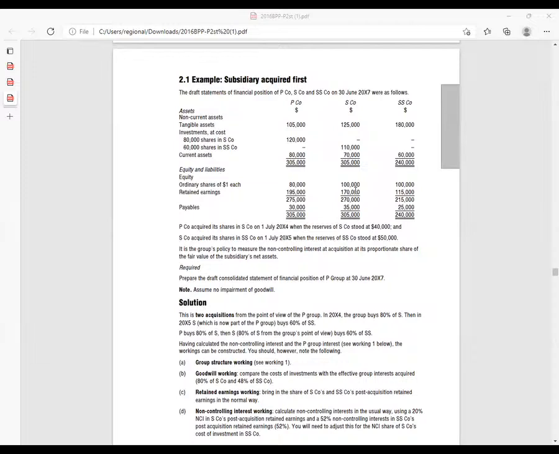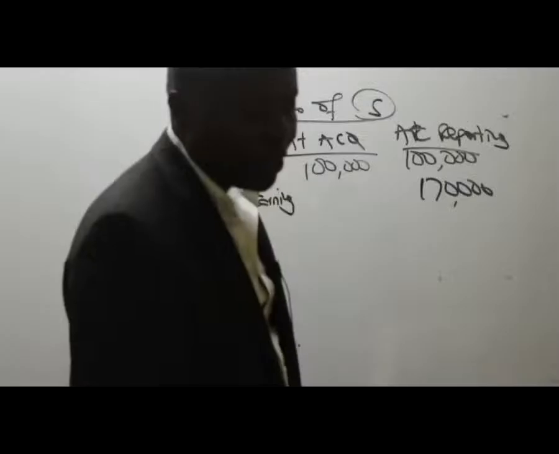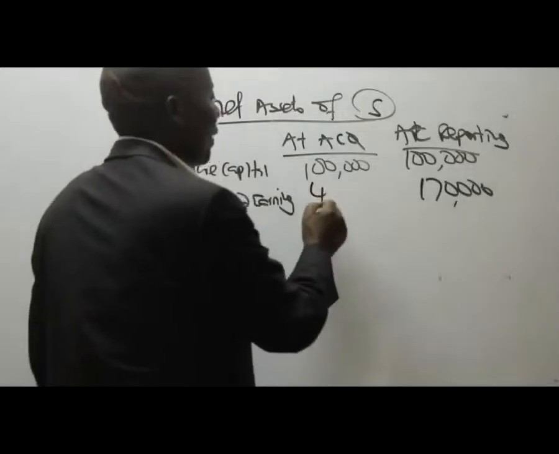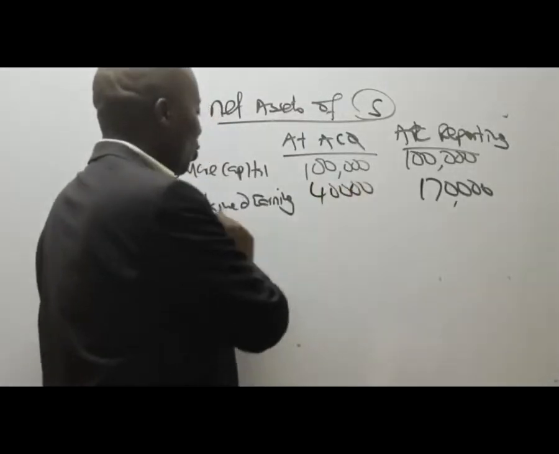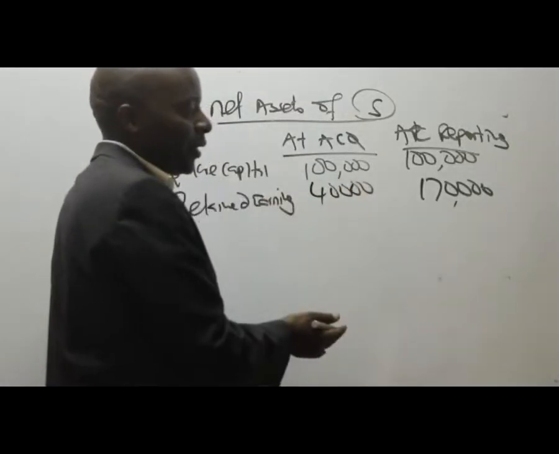But remember, we had retained earnings or reserves. We are told P company acquired the shares in S company on 1st July 2014, when the reserves or retained earnings stood at 40,000. So you can talk of retained earnings stroke reserves.